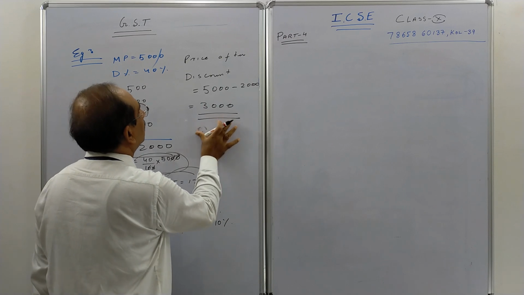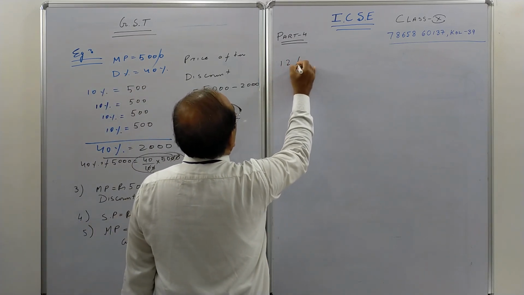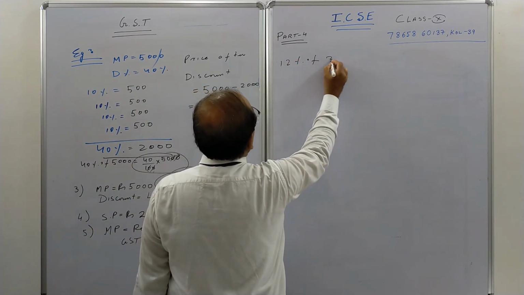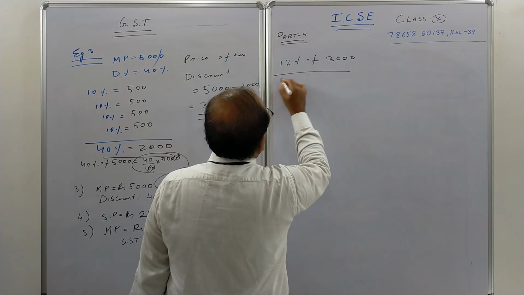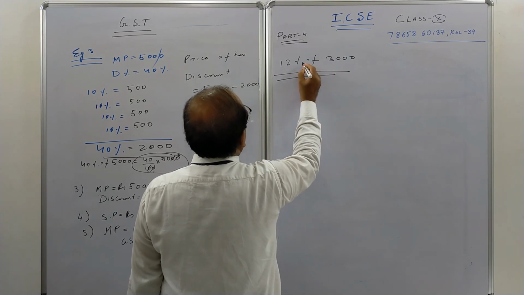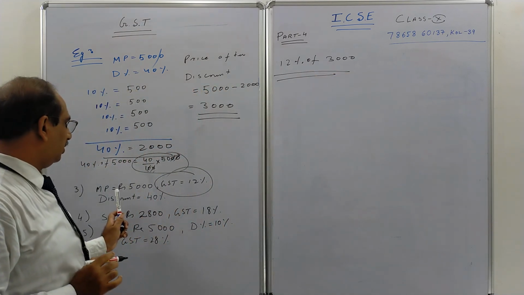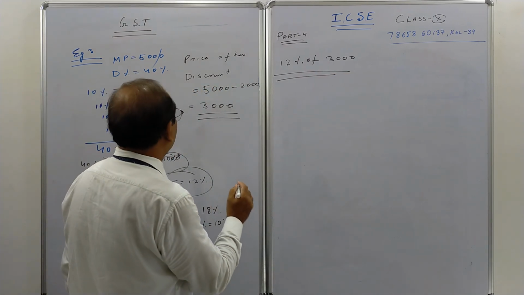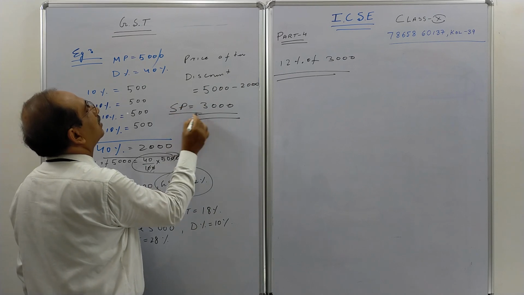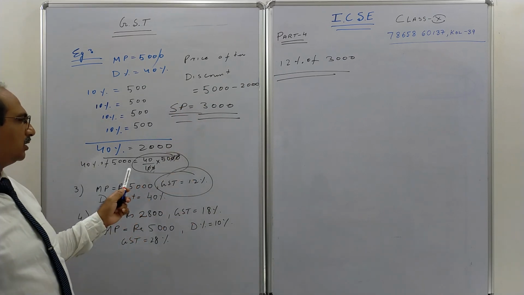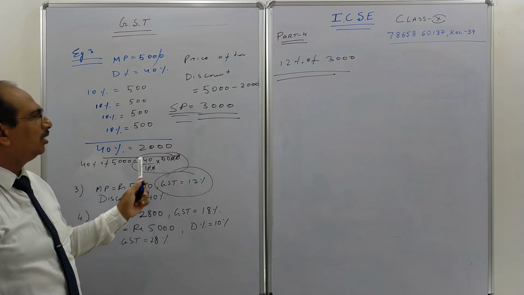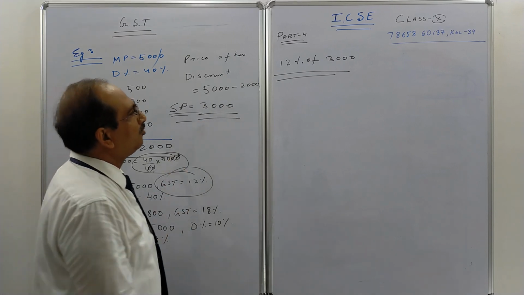So let me do here 12% of 3,000 after discount, children. First mark price is there, 5,000. He said I'll give you 40% discount, that is 2,000. This is your selling price, children. Now we have to find 12%.